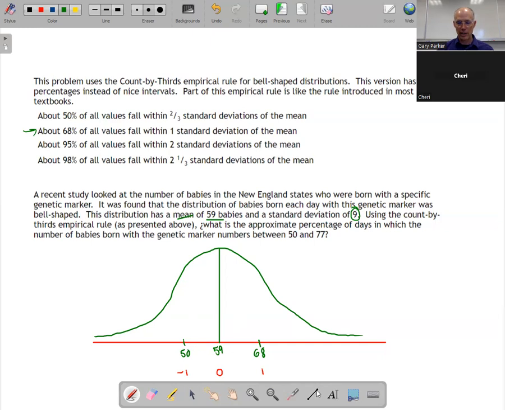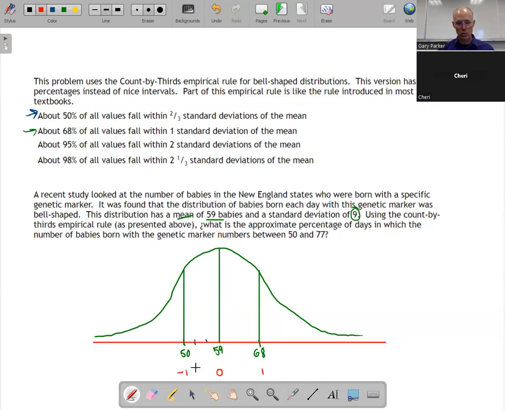And I know that in the empirical rule, 68% of the data lives from here to here. All right, adding on, so now I'm going to back up and I'm going to do this one right here. 50% mark. 50% of the data is within about 2/3 of a standard deviation. So if this is one standard deviation, this would be about 1/3, so that would be about 2/3 right there.